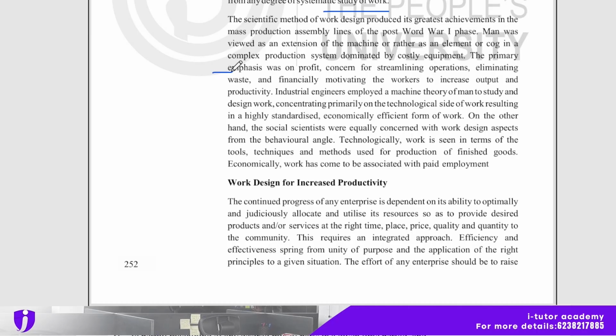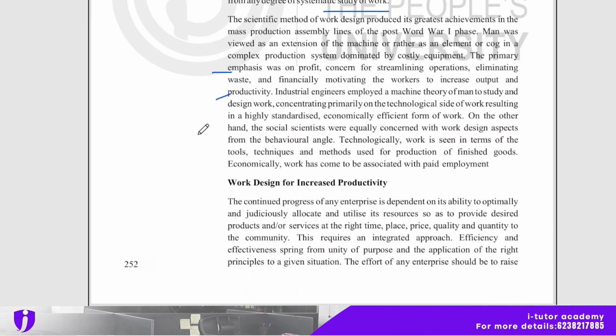And the primary emphasis was on profit, concern for streamlining operations, eliminating waste, and financially motivating the workers to increase output and productivity. And industrial engineers employed a machine theory of man to study and design work, concentrating primarily on the technological side of work, resulting in a highly standardized, economically efficient form of work.